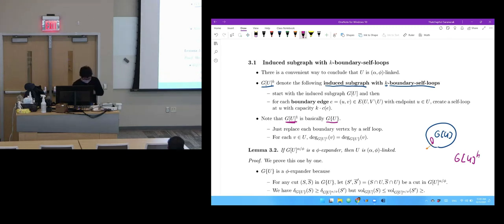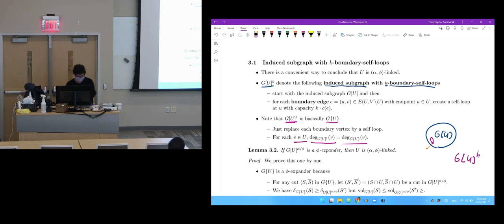What do I mean by similar? First of all, the degree of every node inside is the same, because instead of having a boundary edge, you just add a self loop.